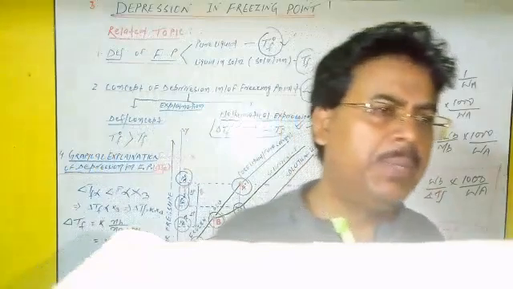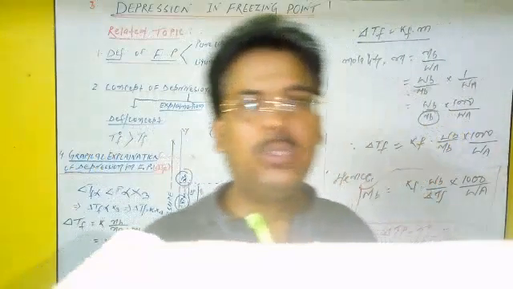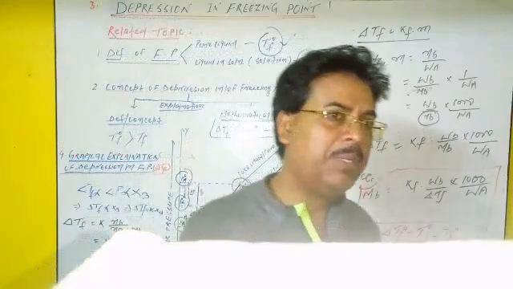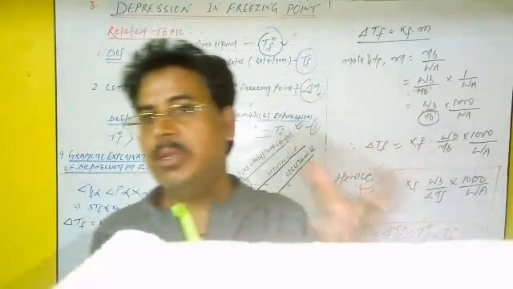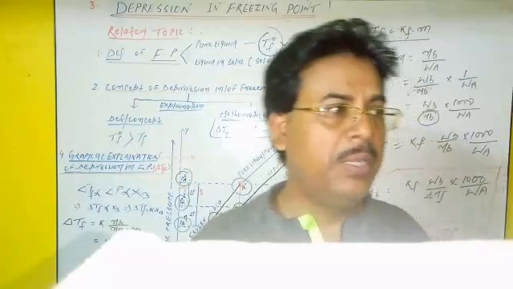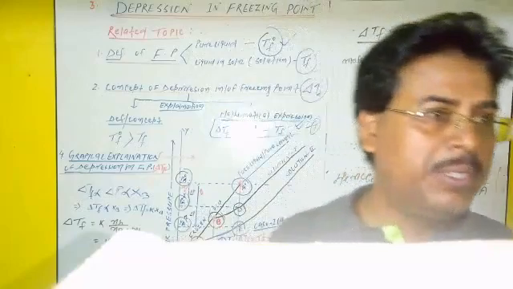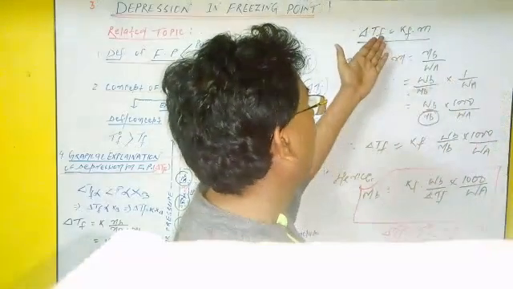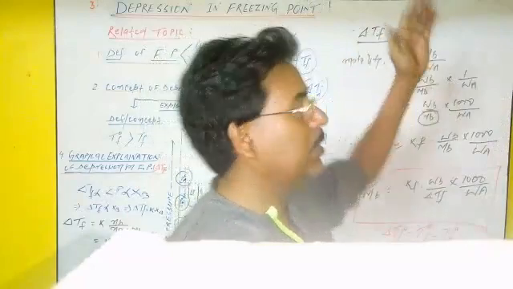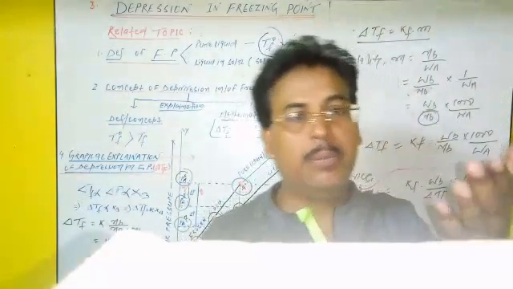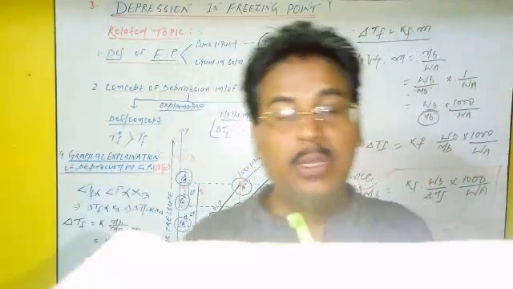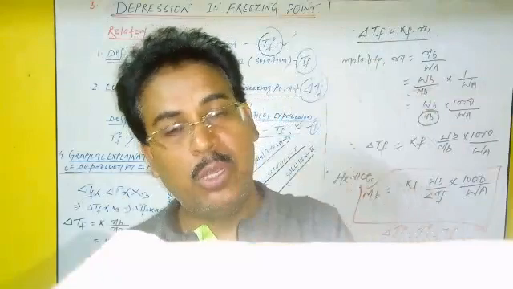How can you say that depression in freezing point is also a colligative property? Like the elevation in boiling point, you must try to account for it yourself. We only give the concept here. Depression in freezing point is related with the molar concentration by the formula delta Tf equal to Kf into m. According to this, delta Tf is directly proportional to molality, to number of moles of the solute, and to the fraction of the solute.